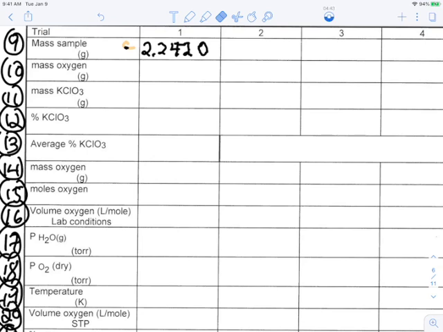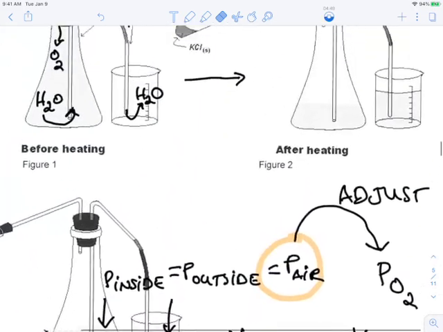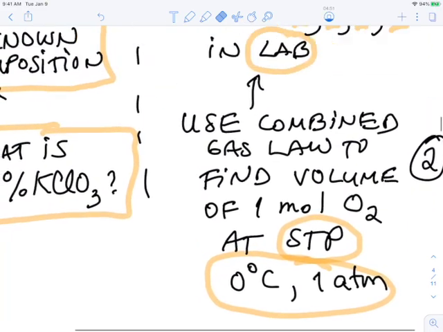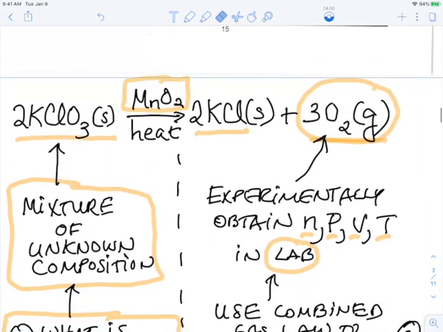Okay, the next thing is to calculate the mass of the oxygen. Now remember, when we look at the chemical reaction that we're working with here, we said that whatever initial mass of potassium chlorate I had in here has now been converted into a mass of KCl and a mass of oxygen.